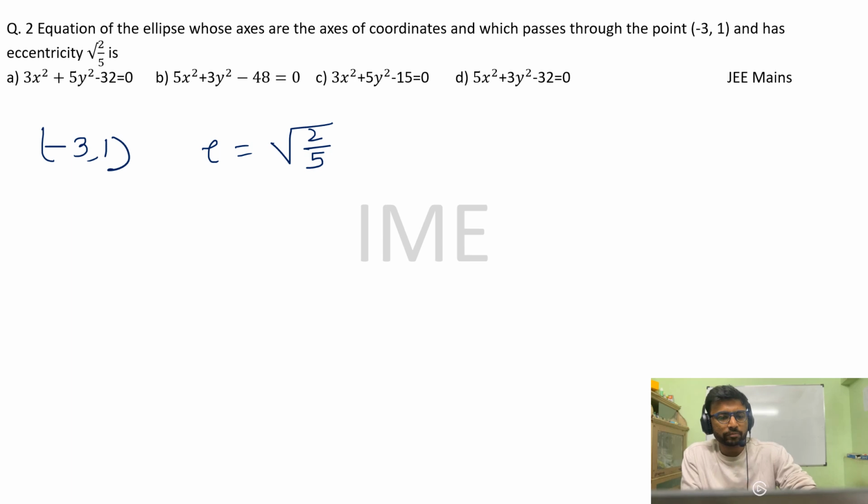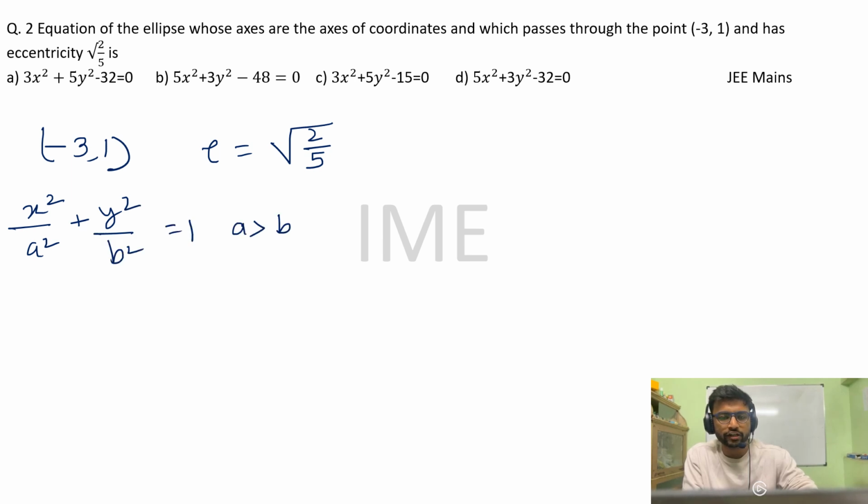So for example, if I consider the equation of the ellipse as x square upon a square plus y square upon b square is equal to 1, and if I take a greater than b, because I don't know whether a is greater than b or a is less than b, because it is not given in the question. So if I take the a greater than b type equation of an ellipse, then what will happen?